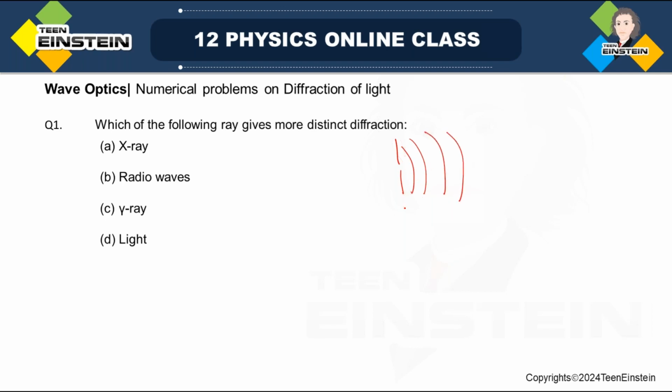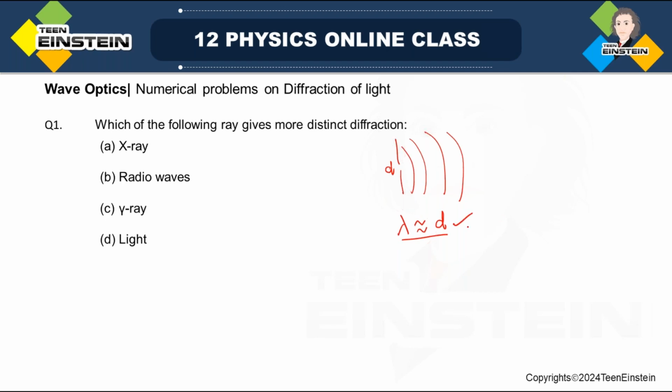The conclusion was that if the wavelength, whether of sound wave, light wave, or other waves, is comparable to the width of the slit or the aperture, diffraction is seen. This is one point.